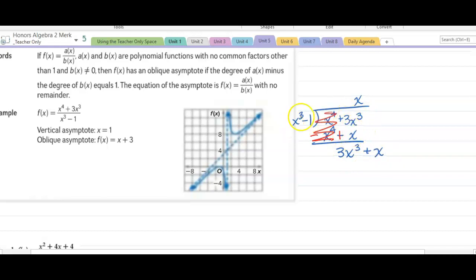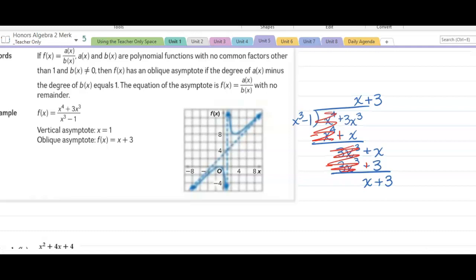Now I'm thinking, what times x cubed gives me 3x cubed? And the answer is 3. 3 times x cubed is 3x cubed. 3 times negative 1 is negative 3. Change the signs of everything that we've just written. These cancel, and I'm left with x plus 3. Now, the equation of the asymptote is our quotient with no remainder.